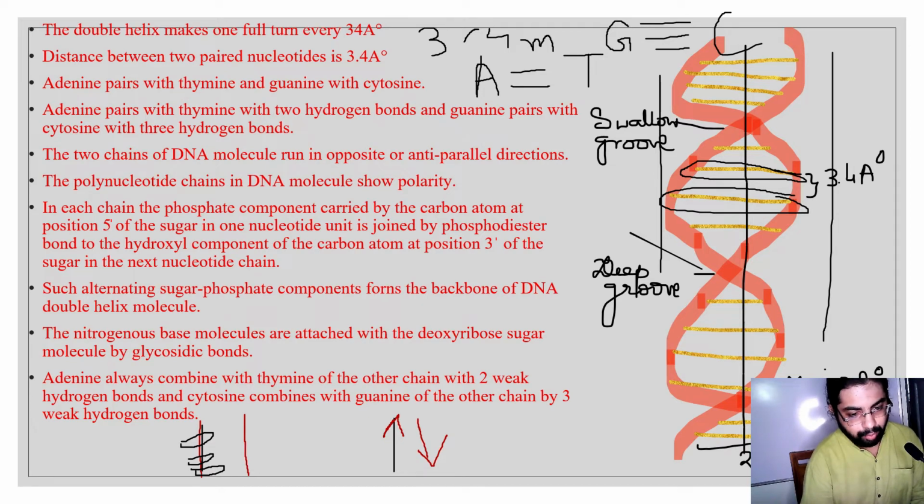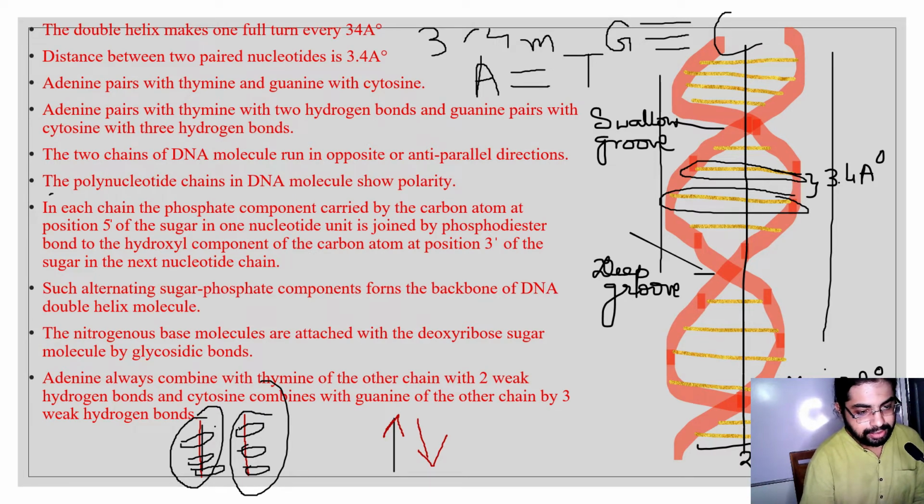So this is one chain with many nucleotides, so it is a polynucleotide chain, and the polynucleotide chains in the DNA molecule show polarity.